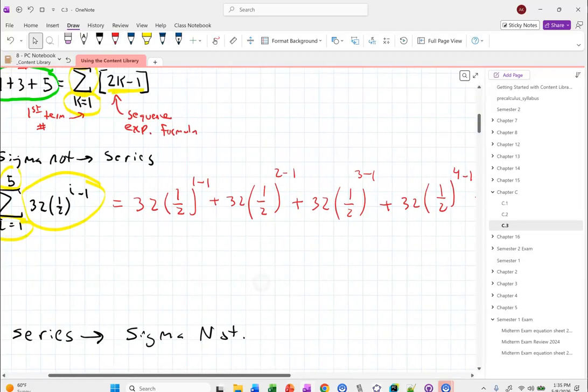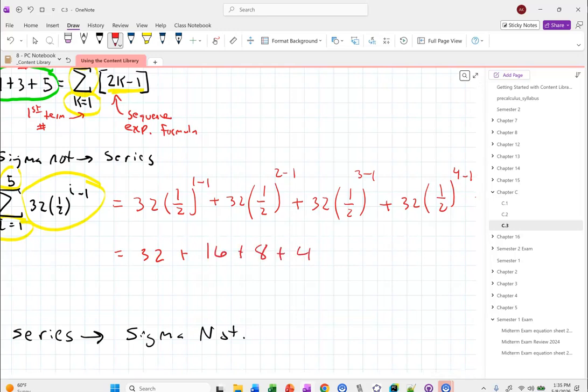And now I just simplify this expression. And what do I get there? 62, it looks like. Do you guys feel okay with how I did that?